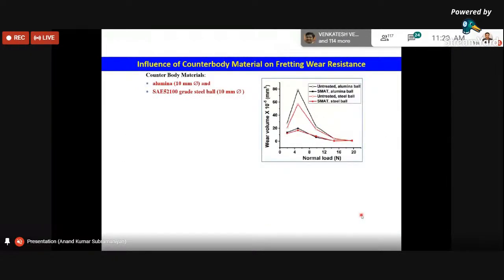So this is quickly just to give you an understanding that the same fretting wear test can be done by using different counterbody materials. Like the ball material in the previous case was alumina, it can also be performed by using steel balls, and this is the result.